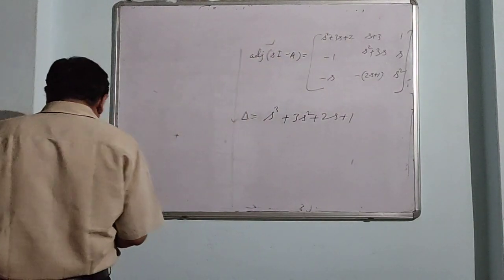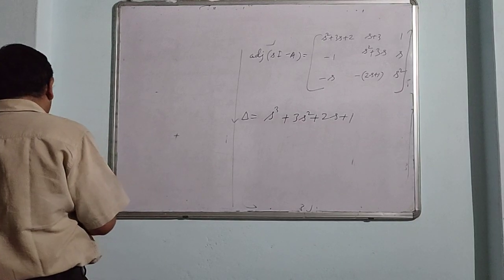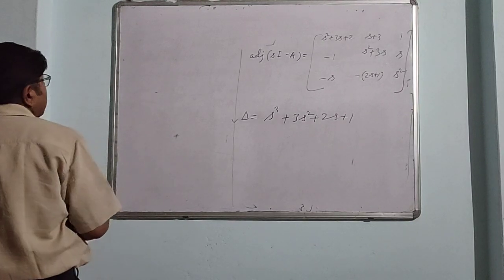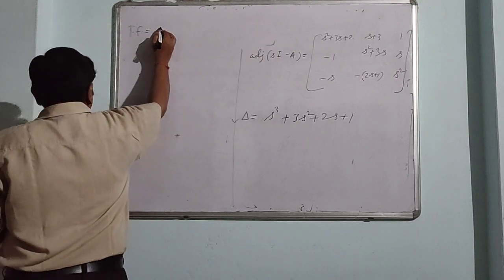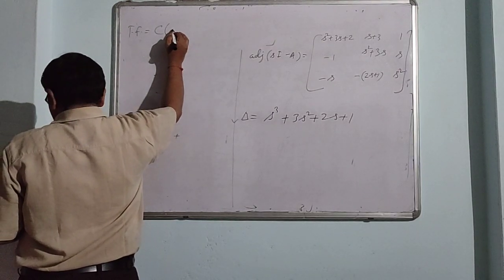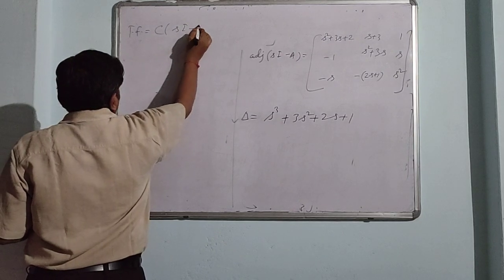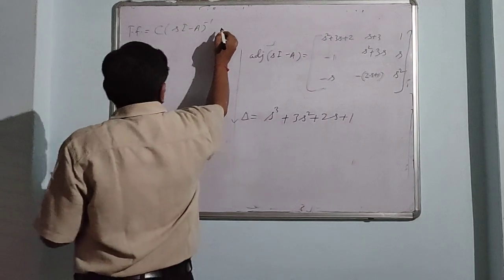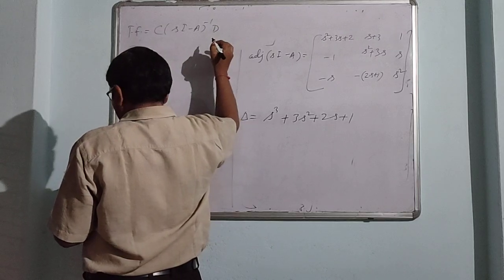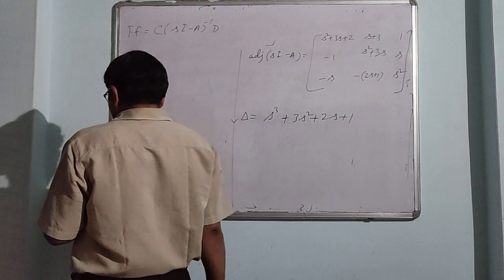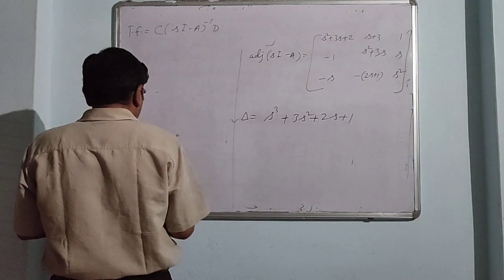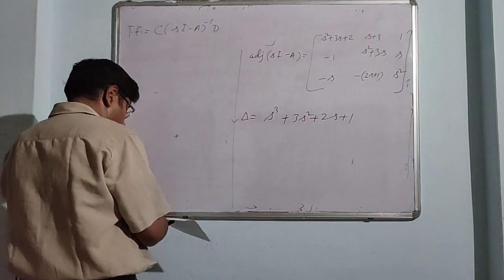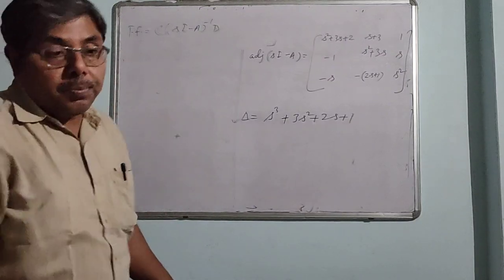What is the method? The basic relation is, for the transfer function you have to multiply three matrices. This is the inverse matrix. So you can calculate this.